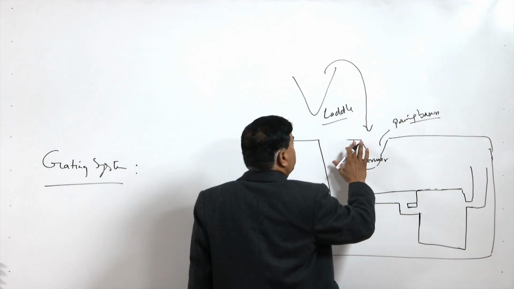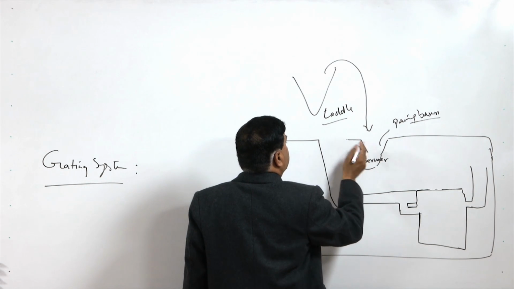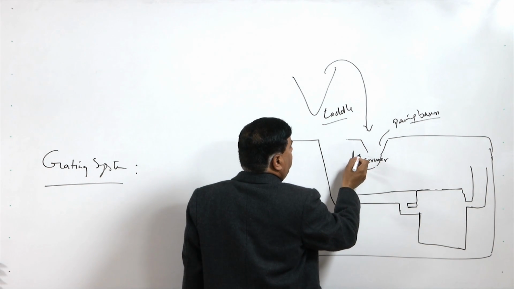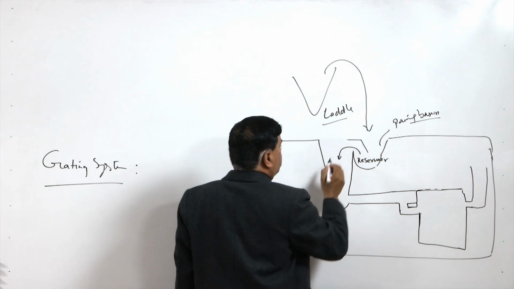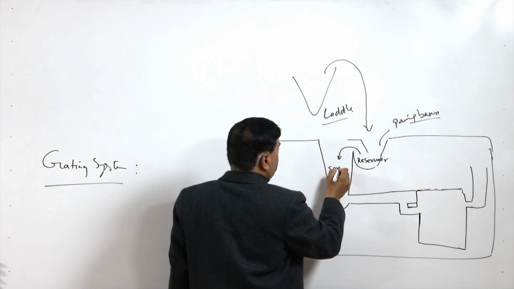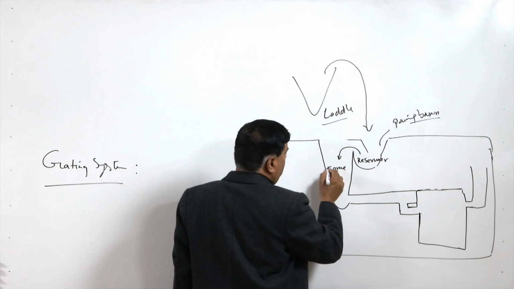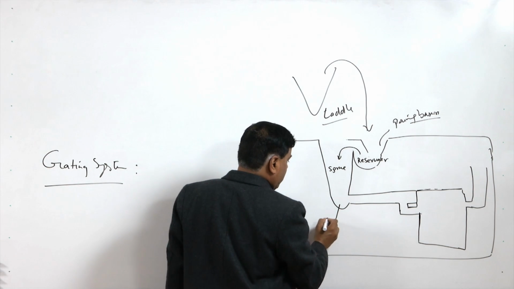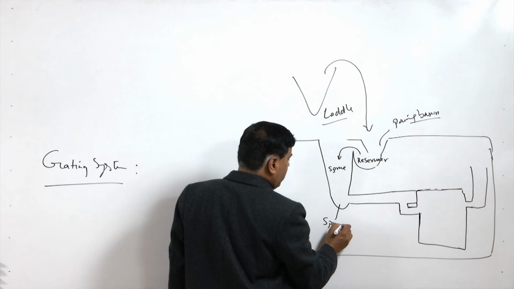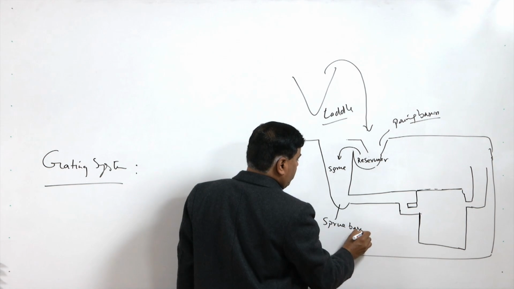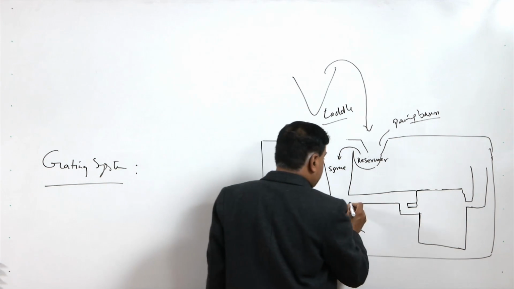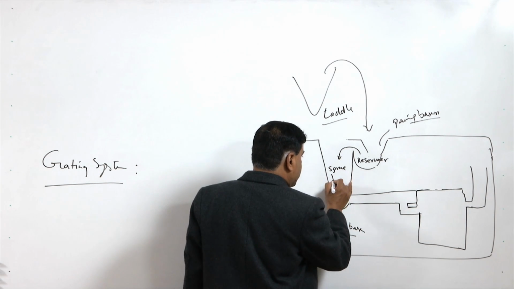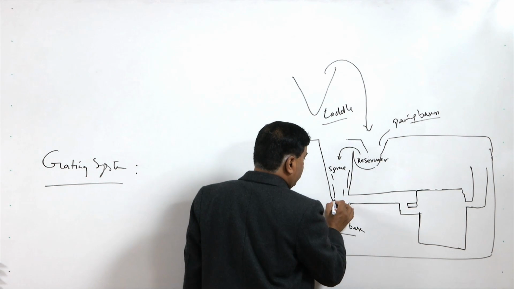So, the metal from the pouring basin goes to the sprue, and after flowing through the sprue it goes to the sprue base or sprue well, and then here there is a change in direction of the flow of the molten metal.